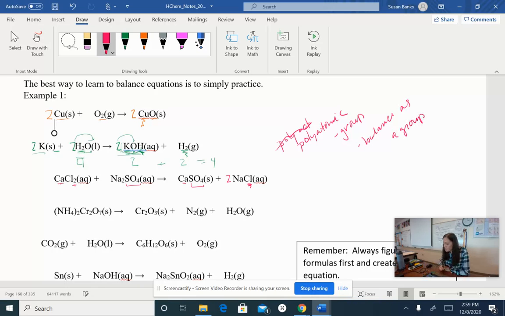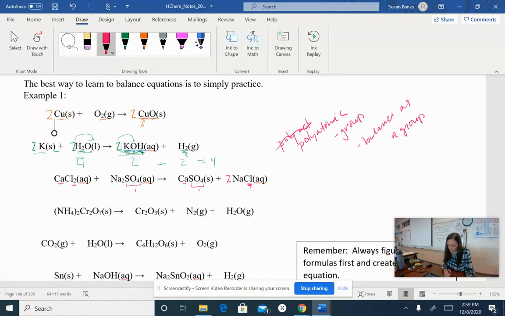It makes it so much easier if it stays the same on both sides of the equation as a group and it doesn't break apart, to balance it as a group. Okay? So I've got 1 sulfate and I've got 1 sulfate. So it looks like I'm balanced here.